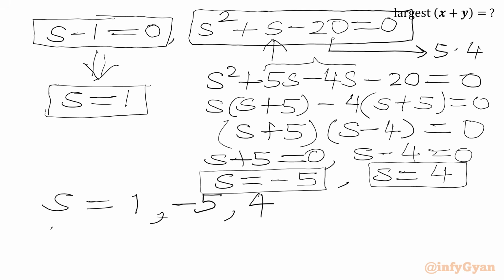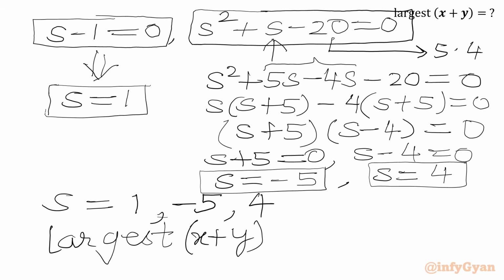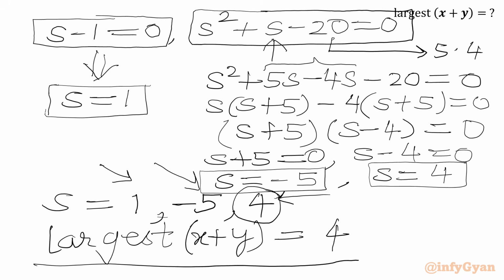So we have to find out the largest x plus y value. Minus 5 is the smallest one. And then we have 1 and the largest one is 4. So we will write our answer: largest x plus y, or largest S value, equal to 4.